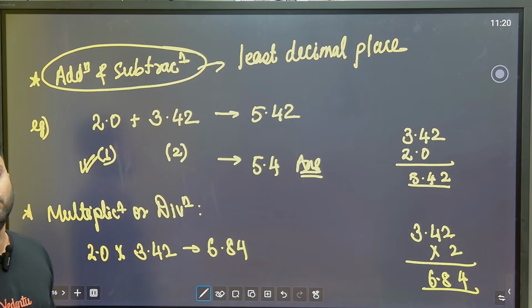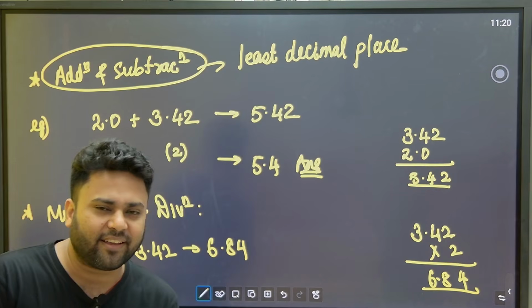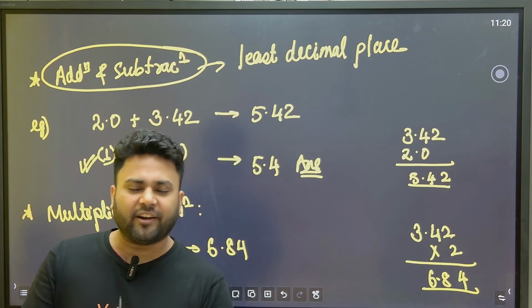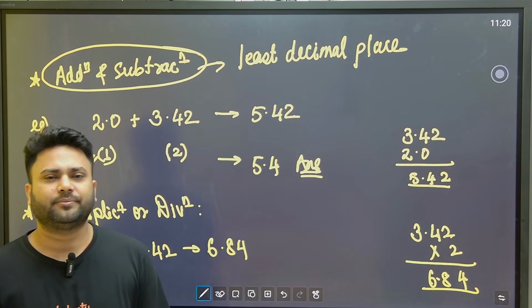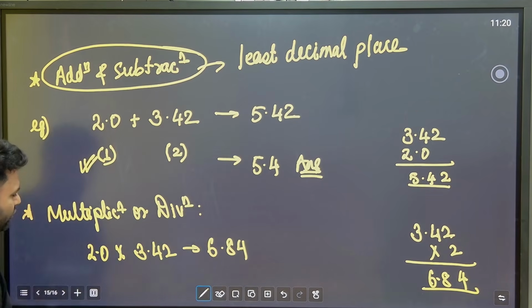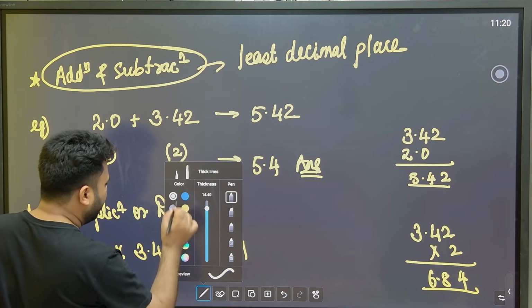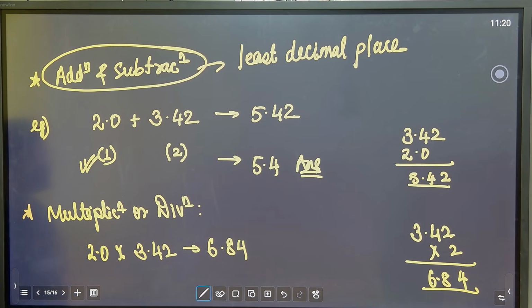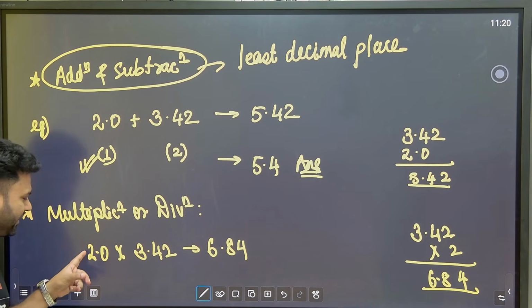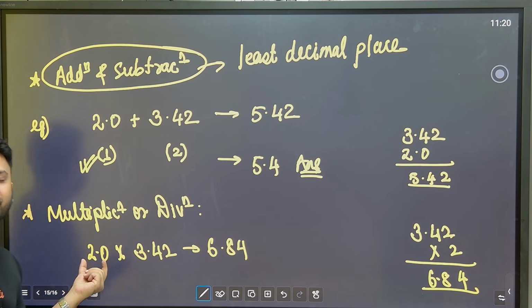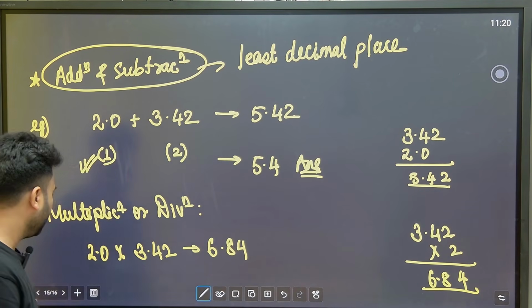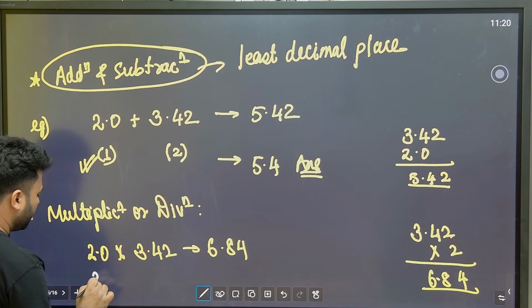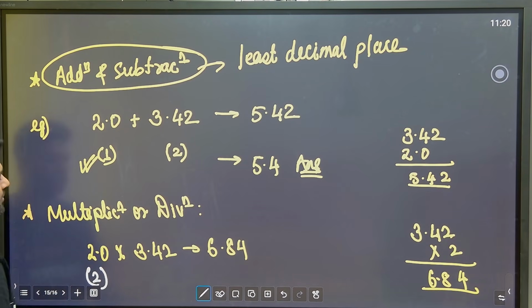Now what is the rule here? If you have multiplication or division, you see the least significant figures. In this question, 2.0, how many significant figures are there? This is a decimal number, so you have to count 0. So 1 and 2, 2 significant figures are there.